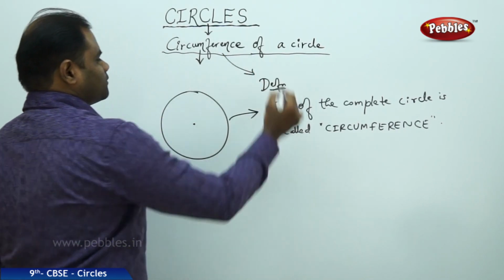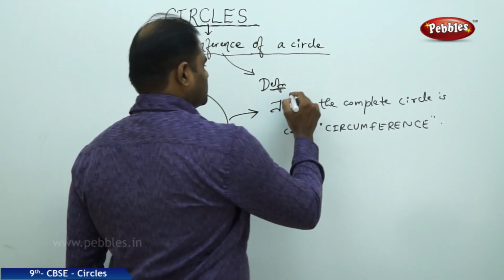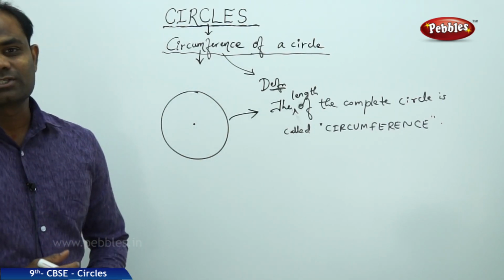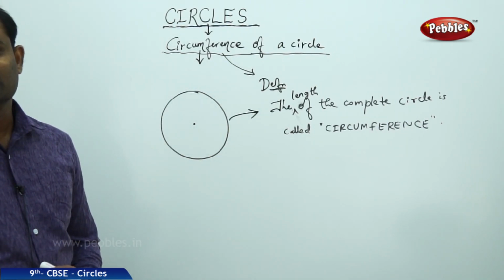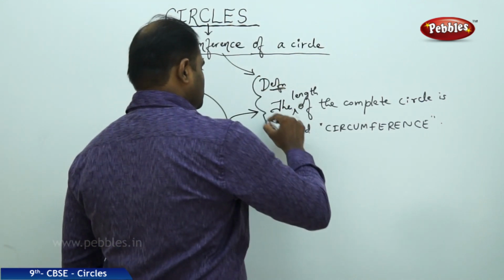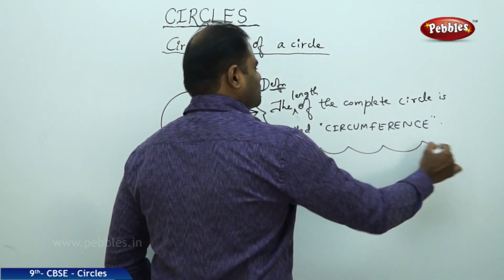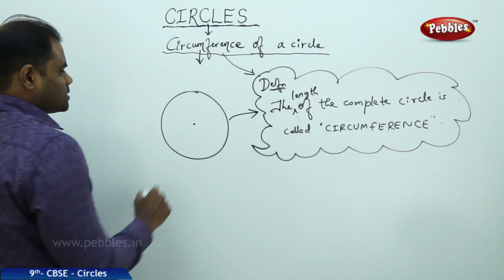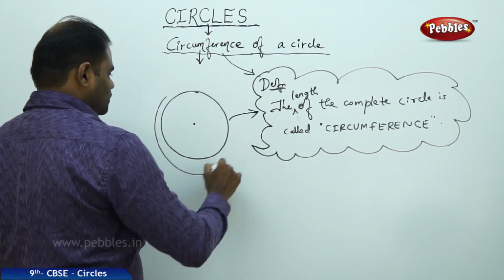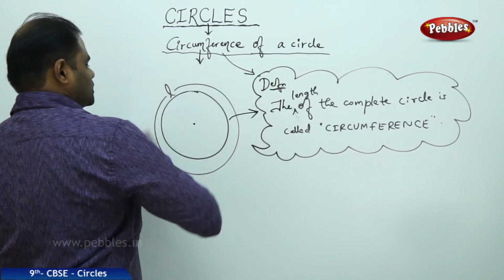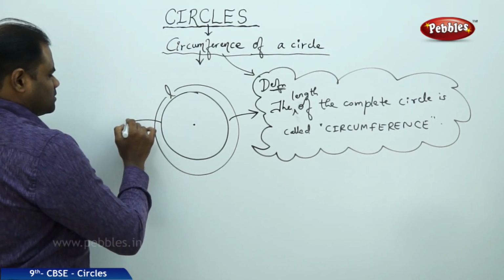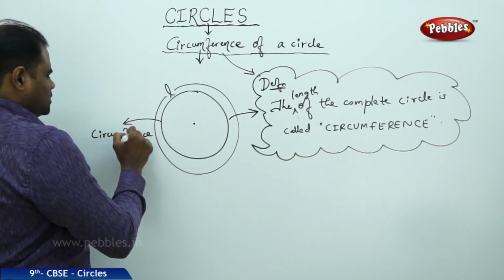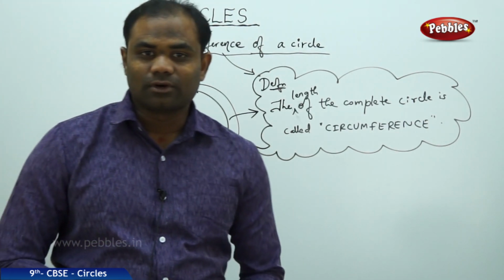So my circumference is defined as the length of the complete circle is called the circumference of the circle, is how we define the circumference of the circle. So in this case, this whole length is called the circumference.